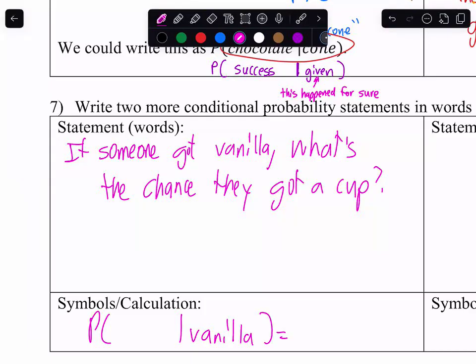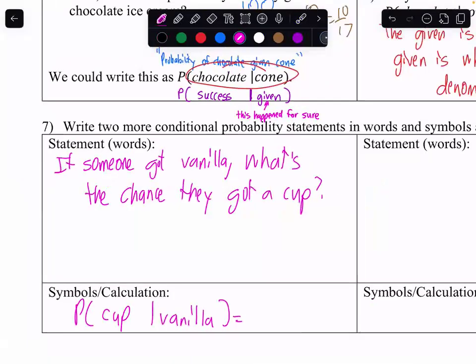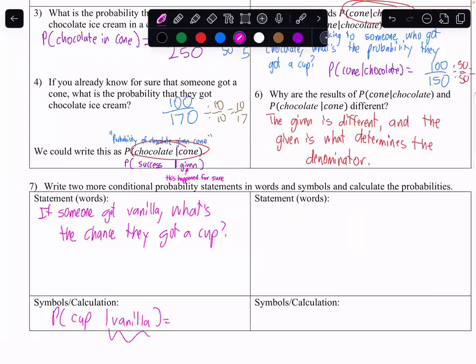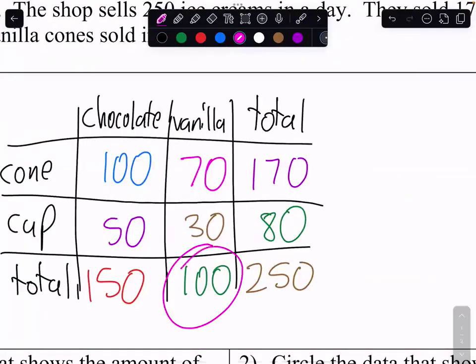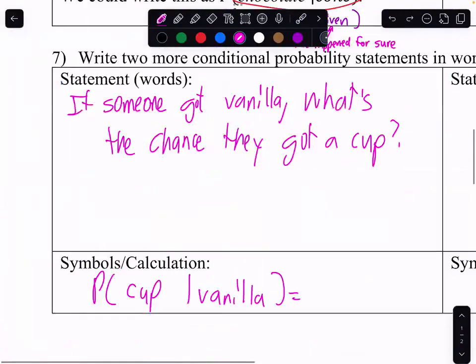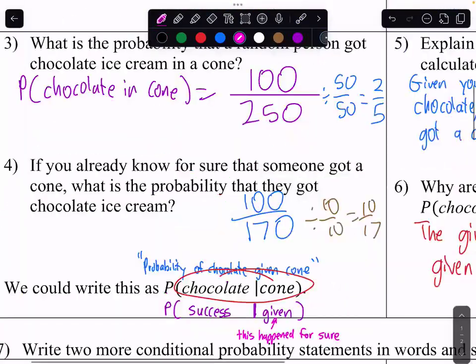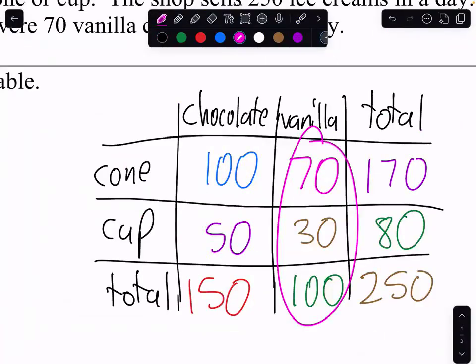And the thing I'm not sure about, the success criteria, is if they got a cup. So for me, the given is that they got vanilla. So for the denominator, I'm only allowed to talk to the 100 people who got vanilla. And of those 100 people, this time I want a cup, so 30 got a cup.